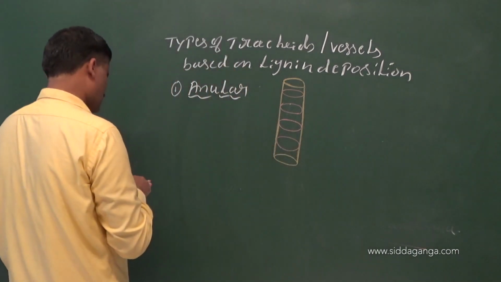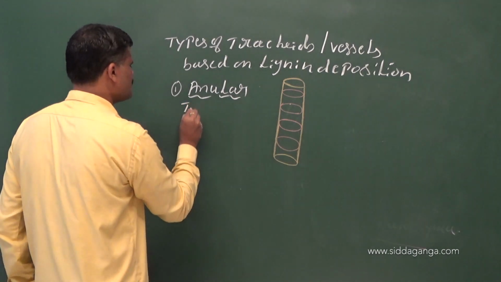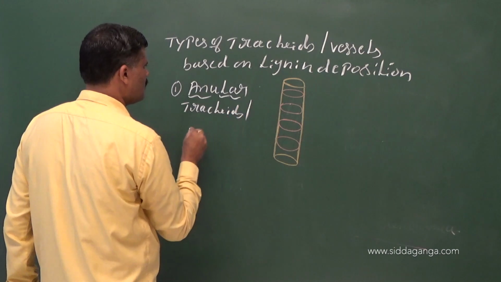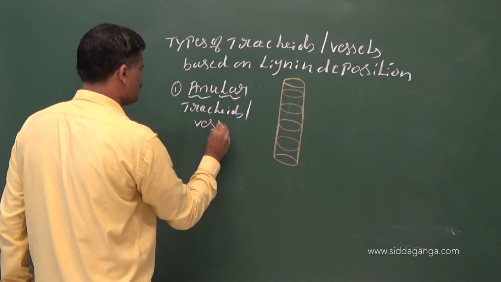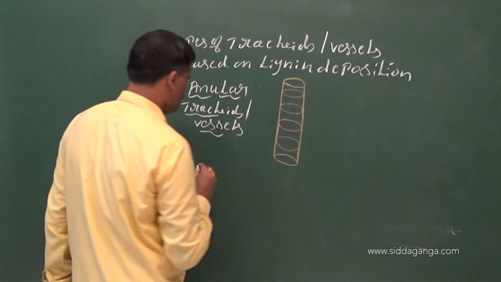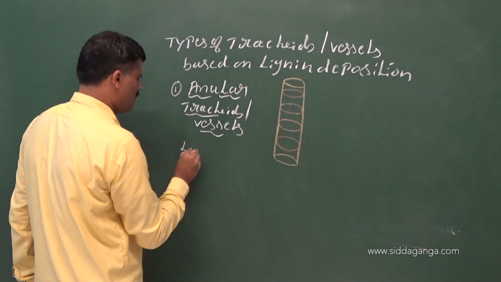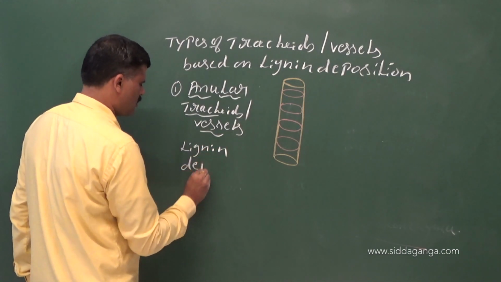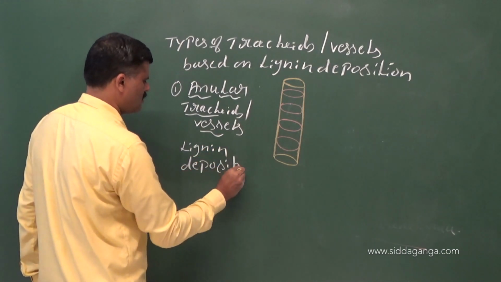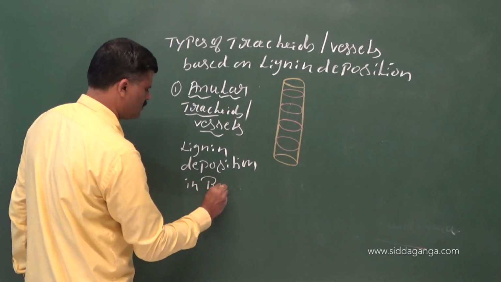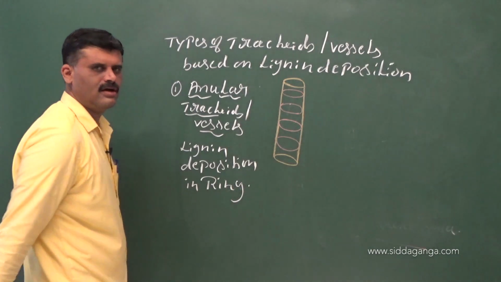So in annular tracheids or vessels, the lignin deposition occurs in the form of ring.